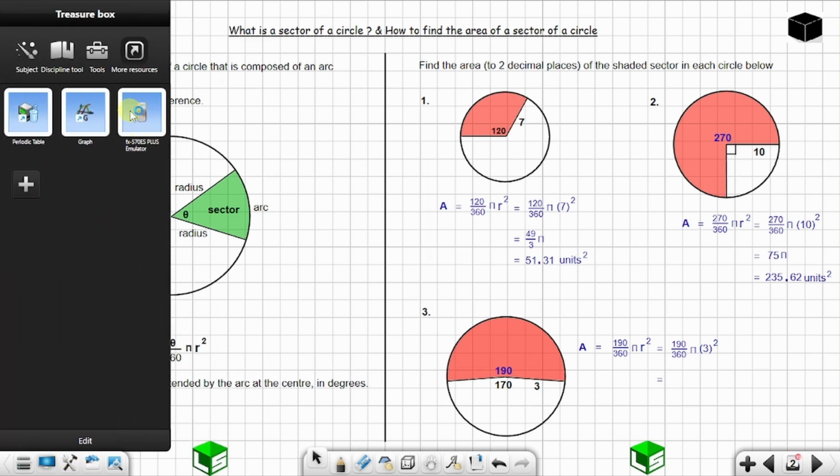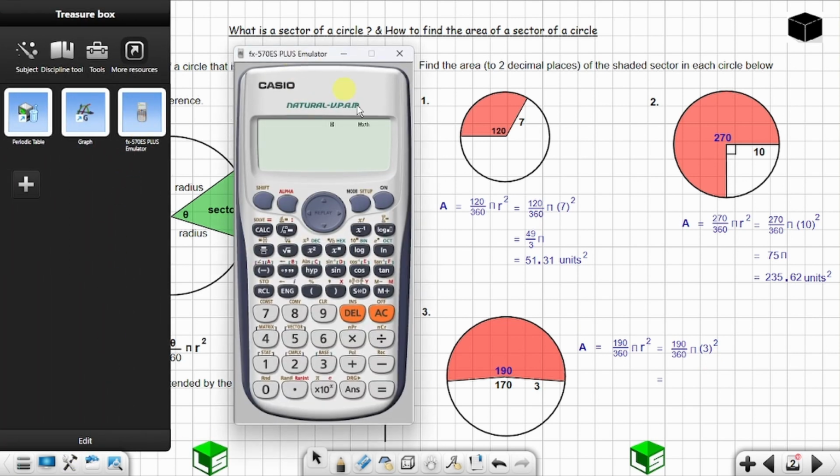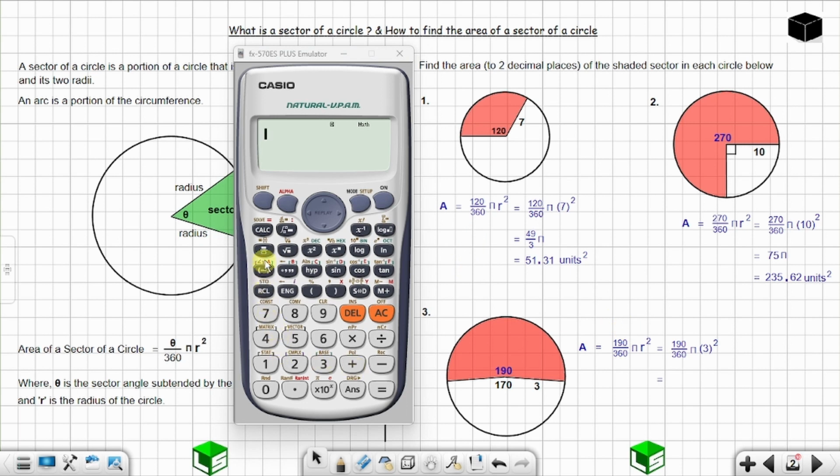What do you get? You have 190 over 360 times pi times 3 squared. This is equal to 19 over 4 pi.